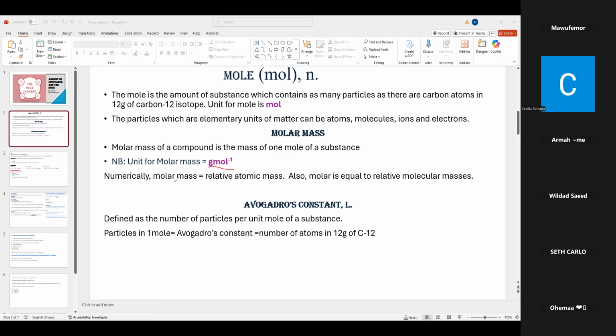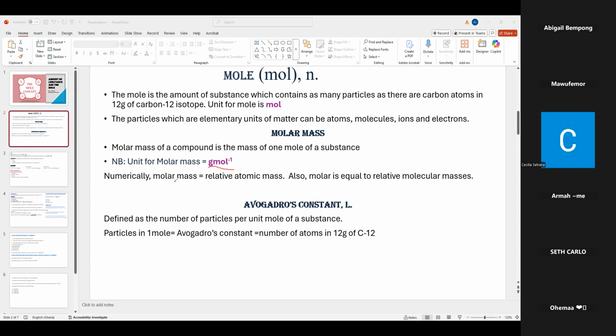The symbol is capital L. The Avogadro's constant does not have a unit. The Avogadro's constant is defined as the number of particles per unit mole of a substance. So the number of particles per unit mole.